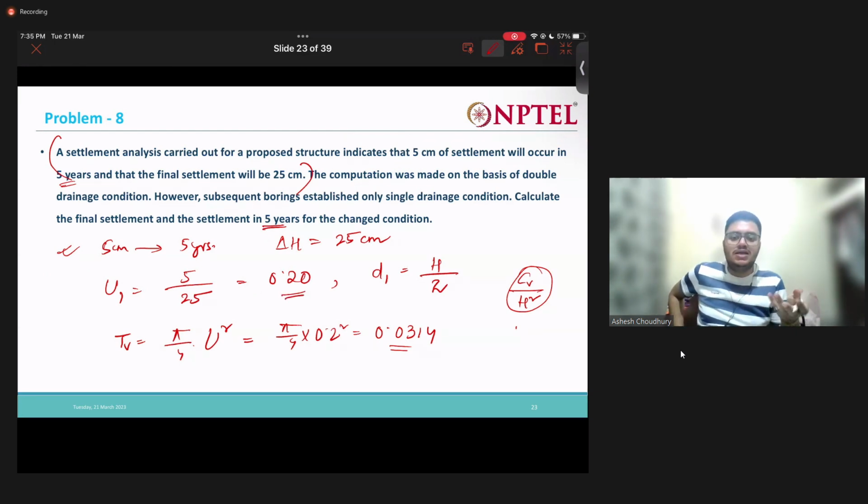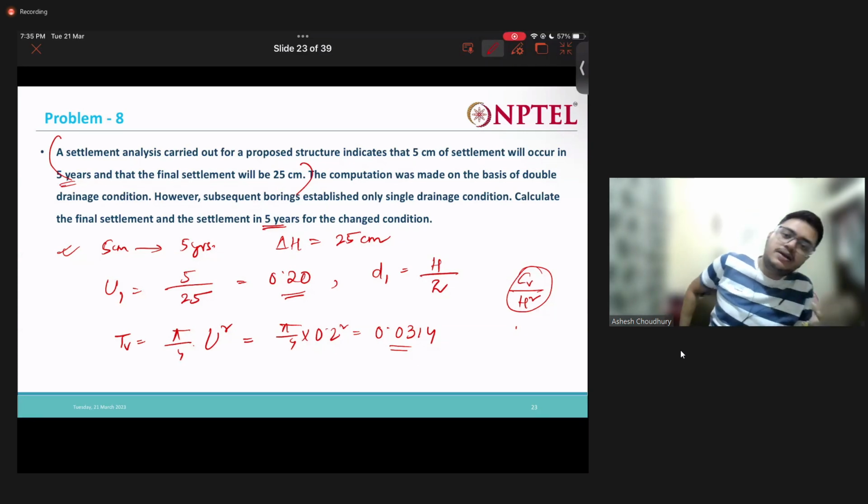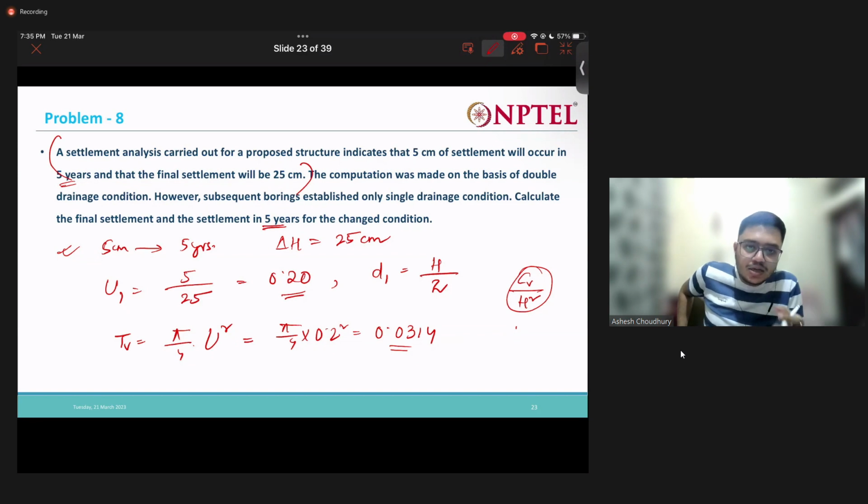So obviously, if it's single drainage, the degree of consolidation will be less than 20% after 5 years, because the rate will be slower.